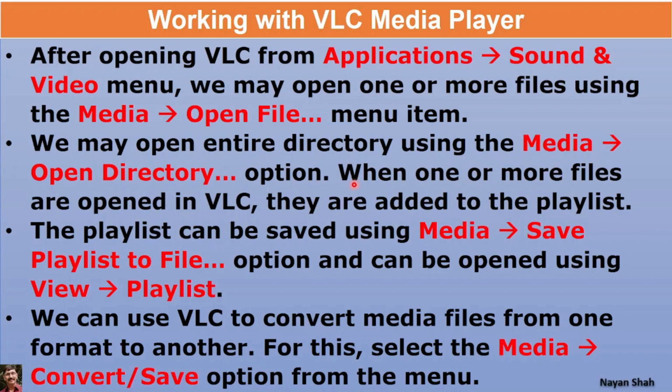When you open one or more files using VLC media player, they are added to the playlist. So it creates a playlist, and then one after another it will keep on playing all those media files. The playlist again can be saved using media save playlist to file. This option is very important because sometimes we create our own playlist.